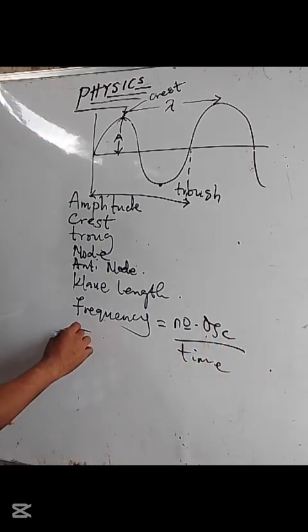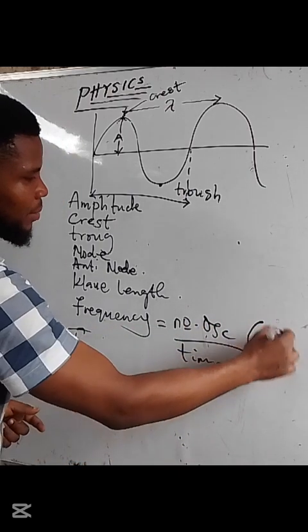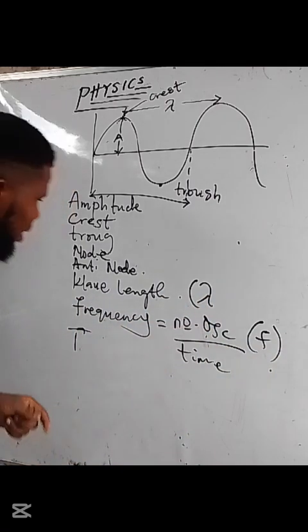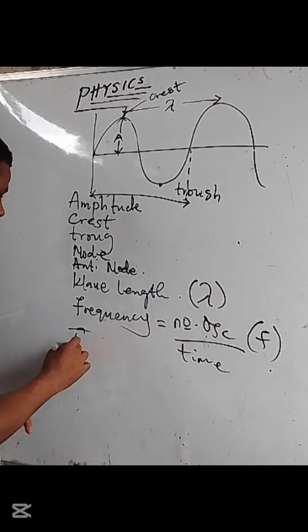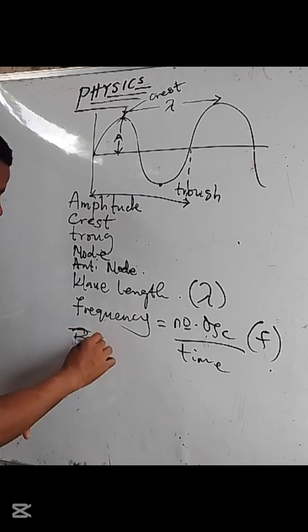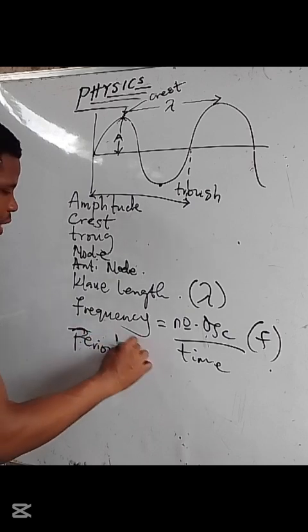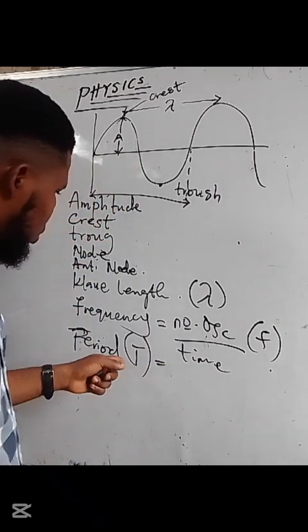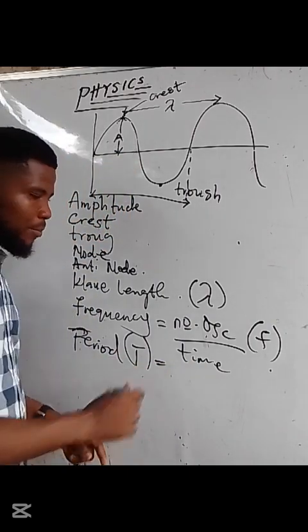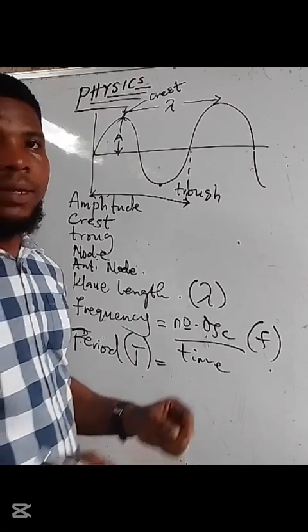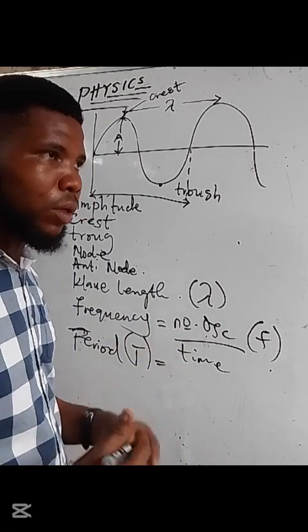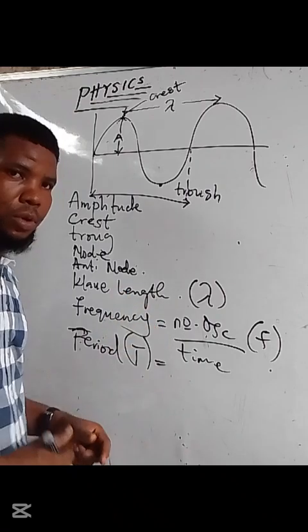What is period? Remember, frequency is represented by f and wavelength is represented by lambda. This is our wavelength. Then our period is represented by capital letter T. Period is different from this time here. So period is capital letter T. Our period is the time it takes to make one oscillation. Just the time it takes to make one oscillation.